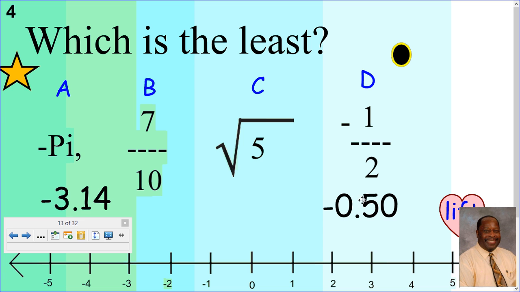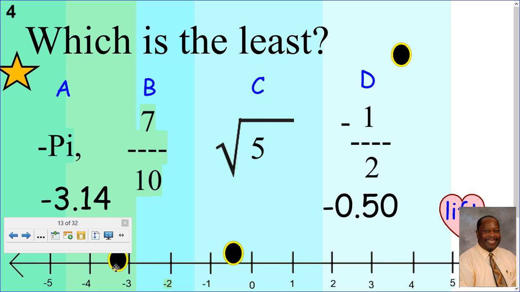So if I had to graph which one was smaller, negative 0.5 is right about here, and negative 3.14 is right about there.